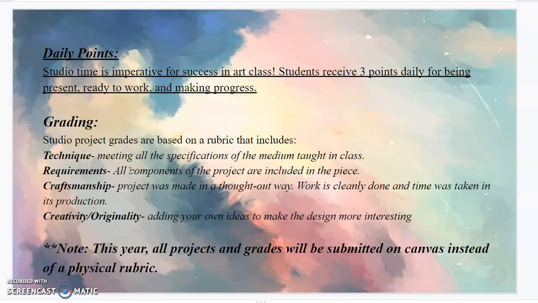Those are the things that had to be in it, things we were teaching in class. Craftsmanship: was the project made in a thought out way? Was it clearly done? Did they take the time in creating it? And lastly, creativity and originality has to do with whether they were able to think of their own ideas instead of copying someone else's idea from online or what a friend was doing, and how they were able to make it more interesting.